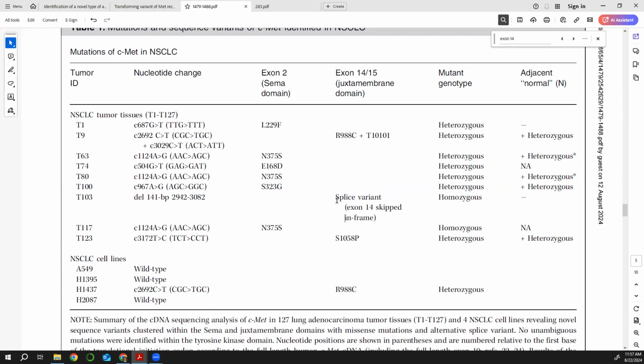And for that reason, most of these exon skipping events are actually seen in tumor suppressor genes, because they will result in a loss of function because the splice alteration is out of frame. Okay, in this case, it's in frame, and presumably it is resulting in a gain of function.